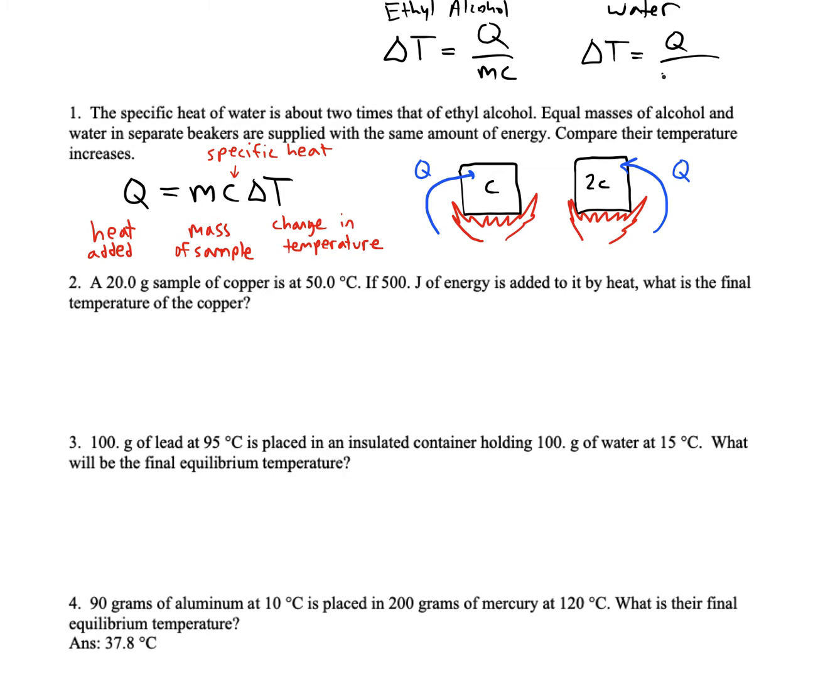Same heat, same mass, but this time the specific heat is 2c. So this just shows us that the delta T of the water is going to be 1/2 of the delta T of the alcohol.